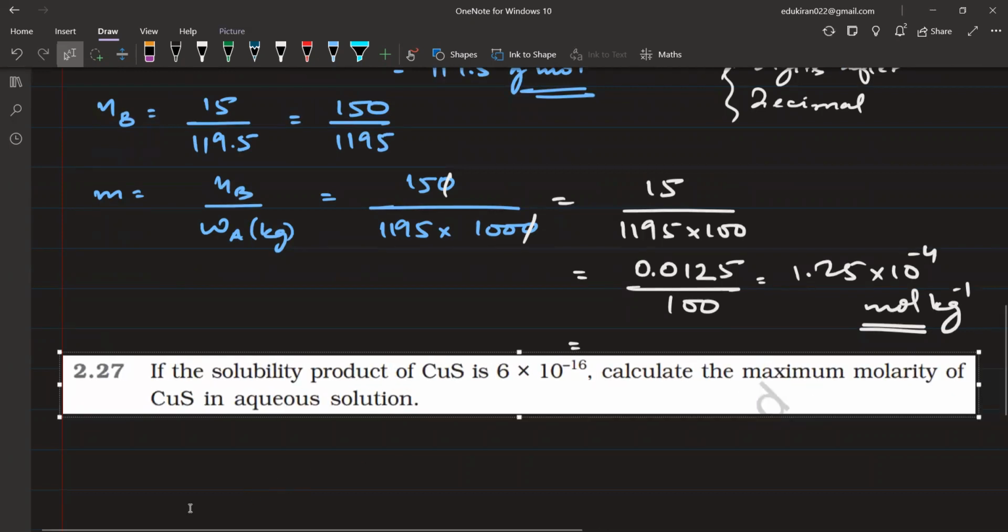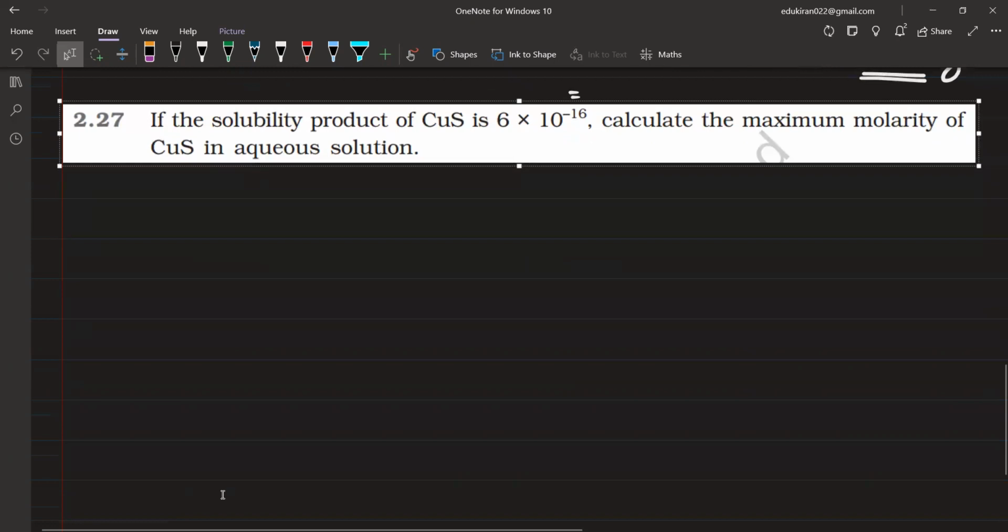Okay, this one is important. Write this: if solubility product of CuS is equal to 6 into 10 to the power minus 16, calculate the maximum molarity of CuS in aqueous solution.